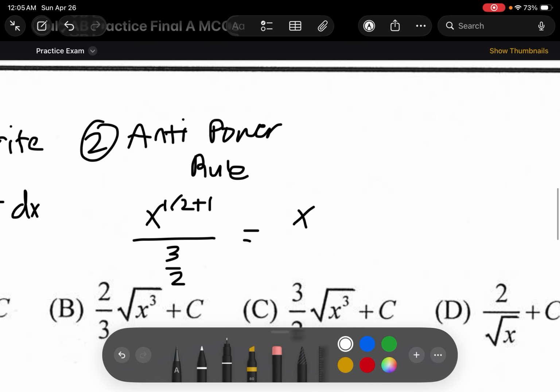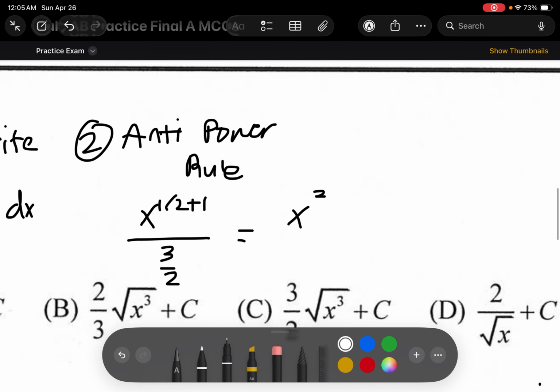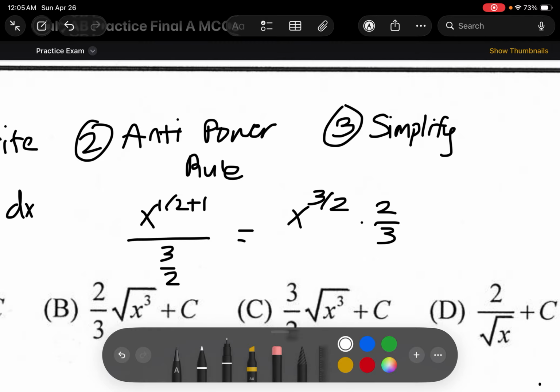And let's clean this up a little bit. That's going to be x to the 3/2. And since you have a fraction in the denominator, we're going to have to rewrite that as a product of its reciprocal. So it's going to be 2/3.